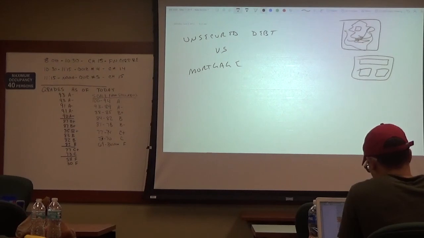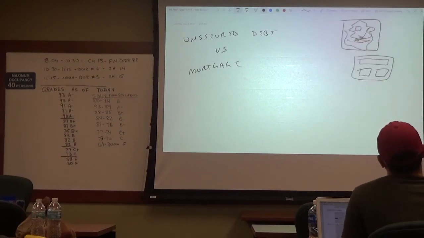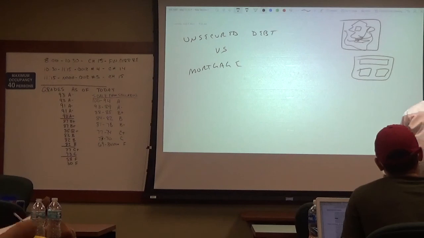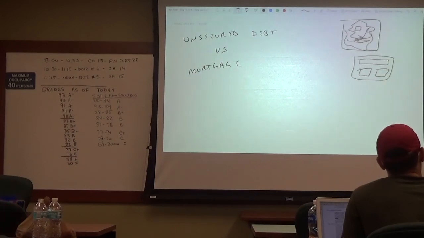We're going to issue some shares of stock and use that money to buy the building, and that's going to be referred to as sort of unsecured debt. In other words, those shares of stock are not tied to the building itself. They're just tied to the company as a whole.